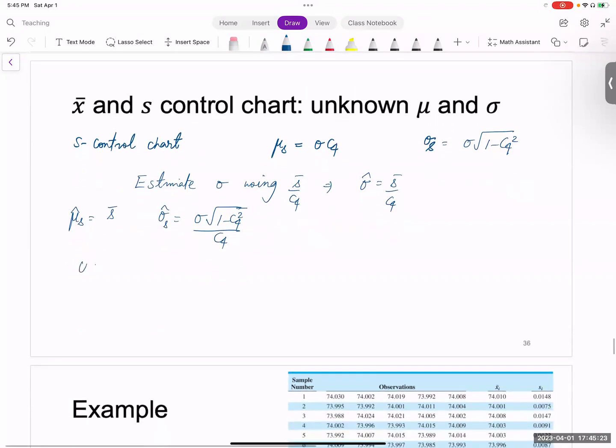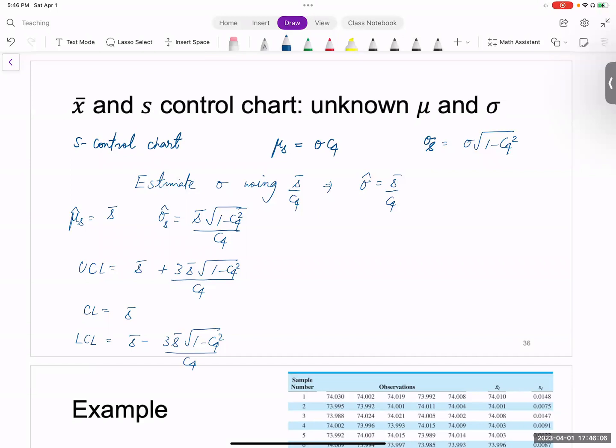We write down UCL equals to S bar, sorry, sigma S hat, I made a mistake here. This has to be S bar times square root of 1 minus c4 squared divided by c4. So your UCL is S bar plus 3 S bar square root of 1 minus c4 squared divided by c4. CL is S bar, and LCL is S bar minus 3 S bar square root of 1 minus c4 squared divided by c4.